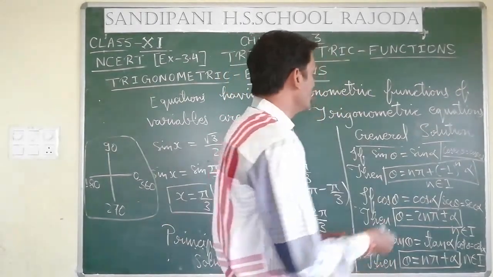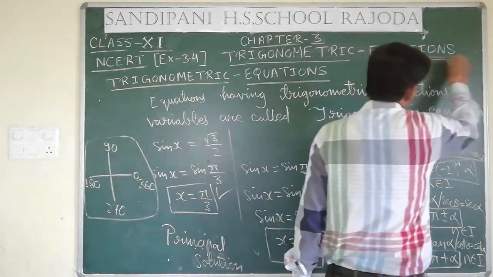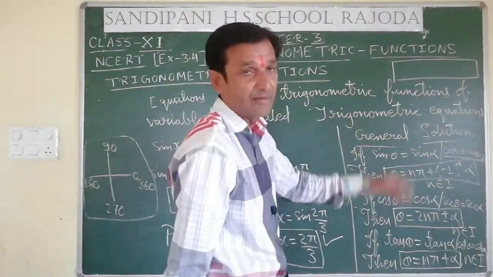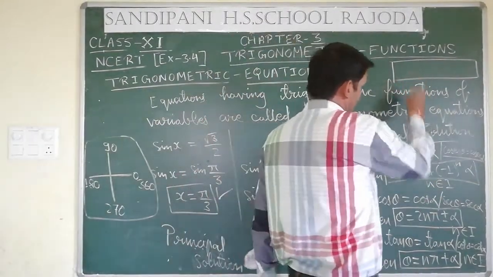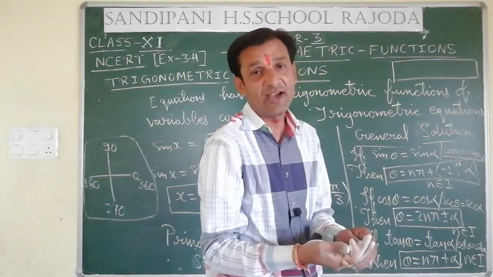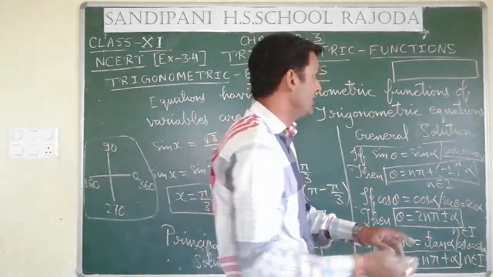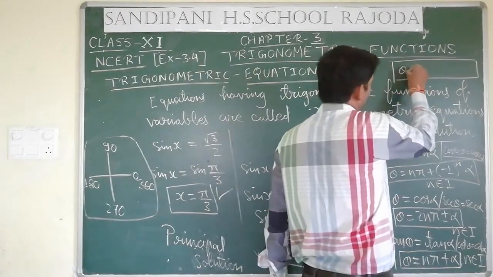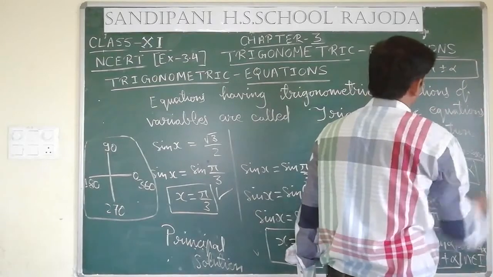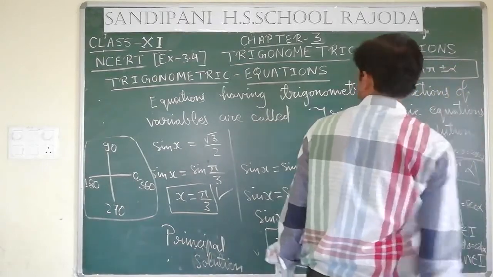In all those cases, if the trigonometric function is mentioned in both parts, LHS and RHS, in square form, then you will have to apply this formula: theta is equal to n pi plus minus alpha. This you have to remember.